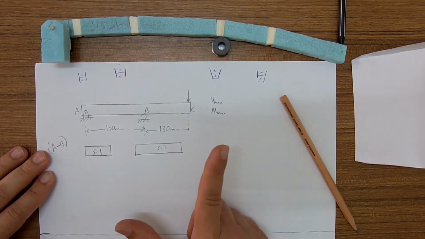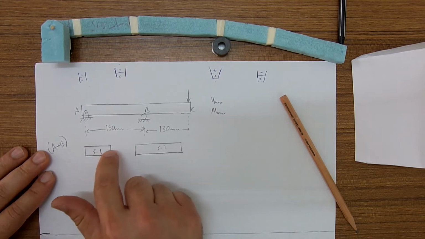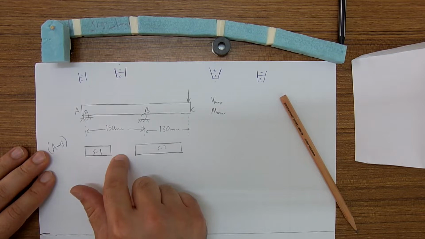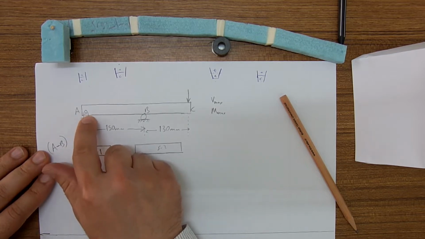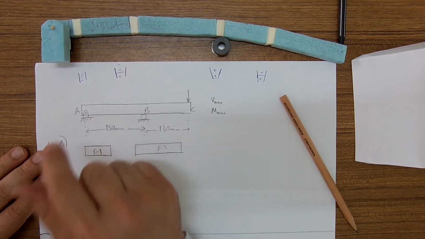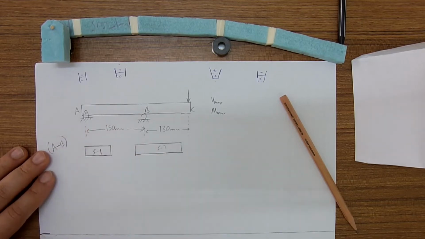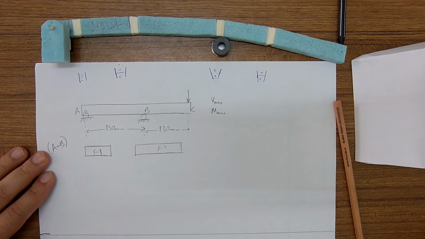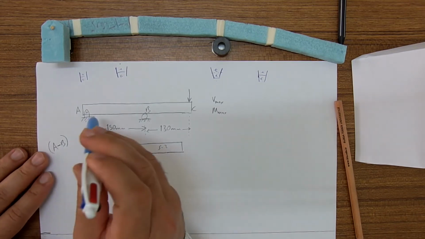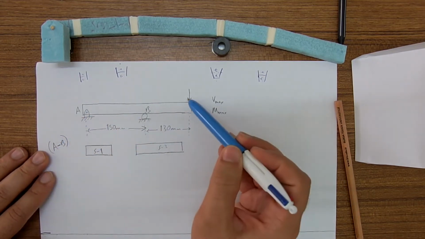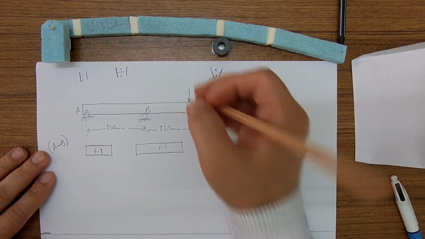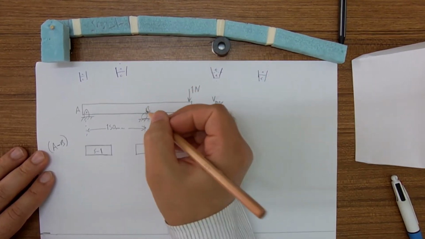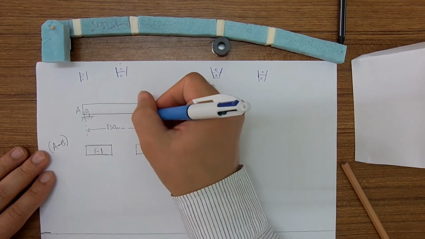So I missed one thing. Before starting with the internal forces, I need to find all the external forces. So let's find the external forces first. Here, one is a point load. Say this is 1 Newton, and there will be reaction forces here.